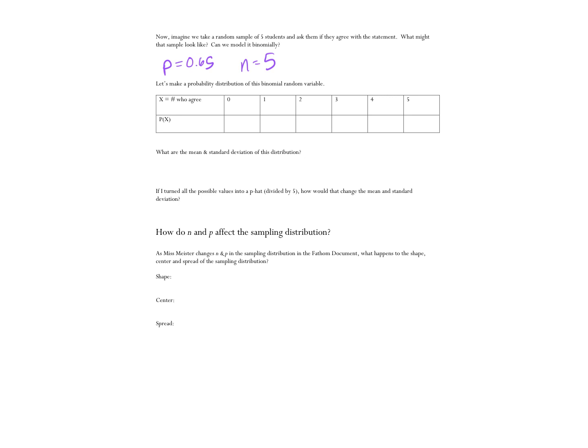If that's my variable, how is it distributed? We have an N and a P, so binomially. Could we come up with the probability distribution for this binomial random variable?